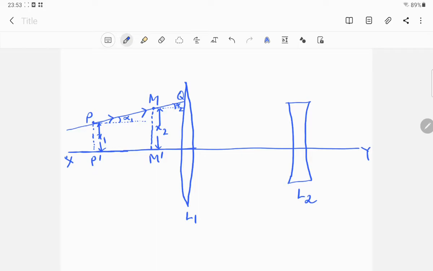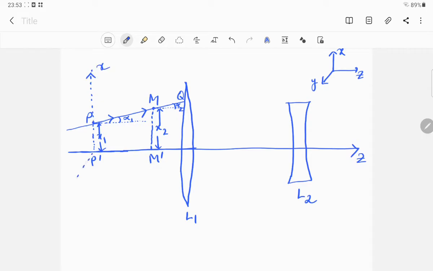Although I said XY, let me remove it. I will not say XY, it will be very confusing. I will consider it rather like a coordinate axis, X, Y, Z. So this is the Z axis, and this direction is the X axis.